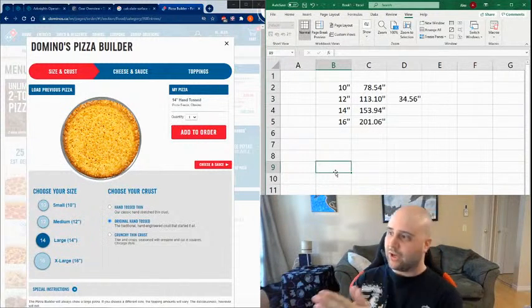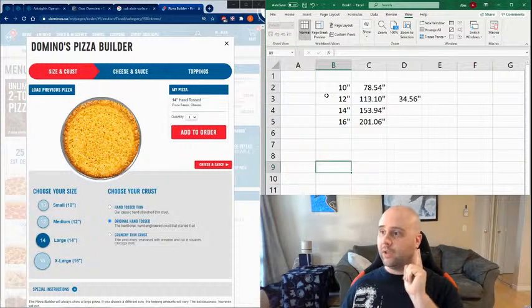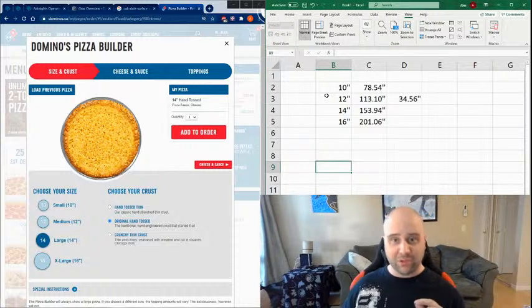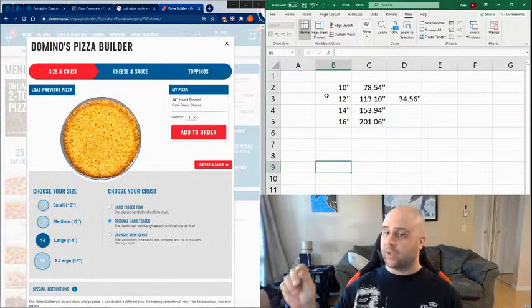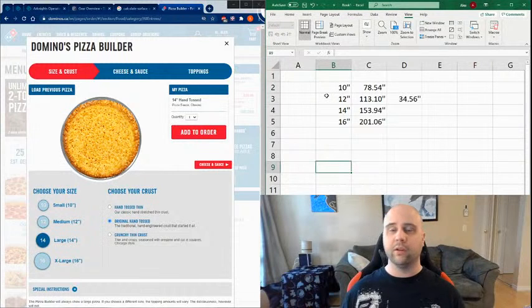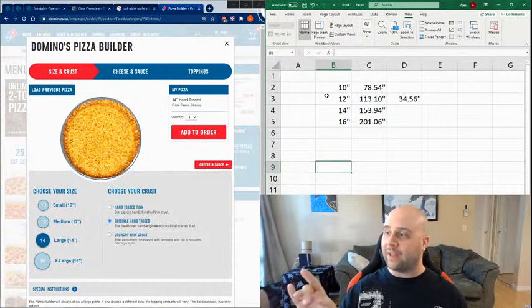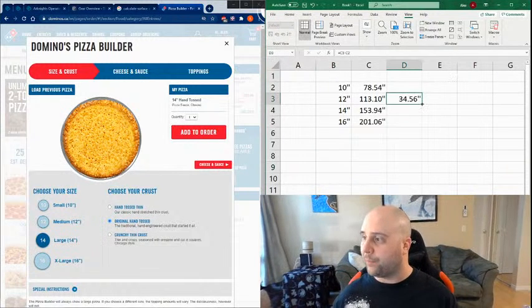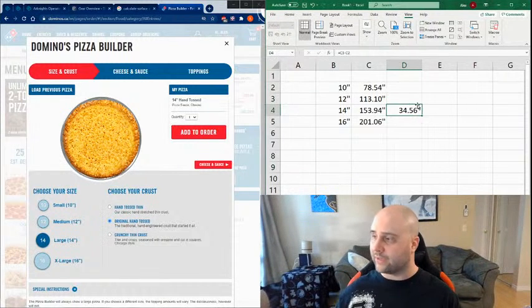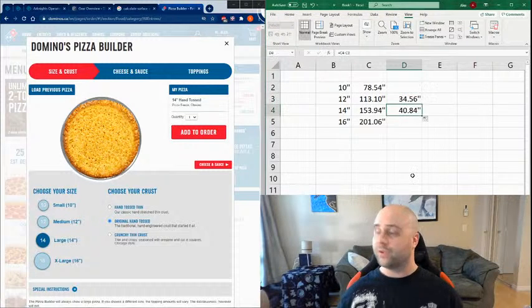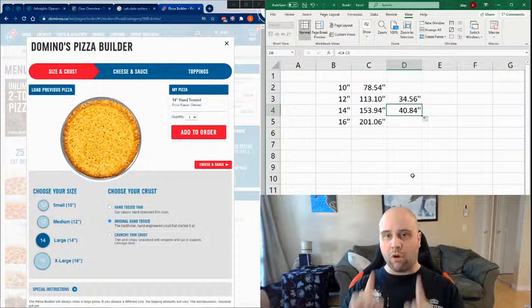All right, so we go from a 10-inch pizza at 78.54 square inches. We go up to a 12-inch pizza, which is 113.10 square inches surface area. We're gaining 34.56 square inches, right? Okay, so if we apply that to the next step, again, it's not linear.